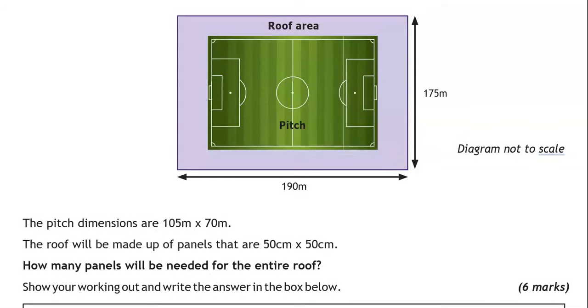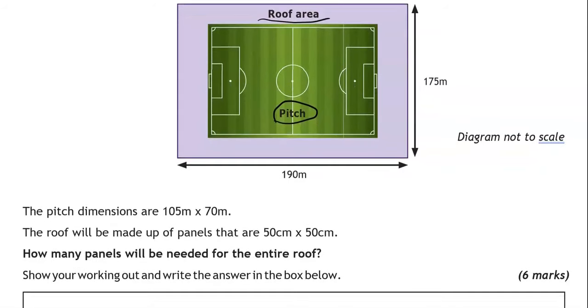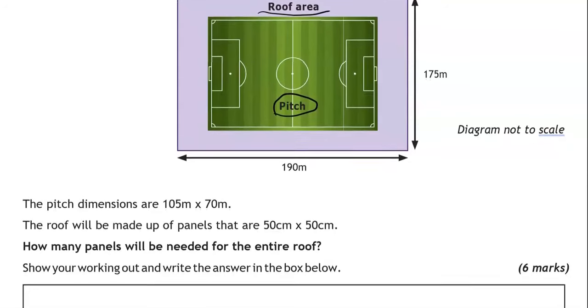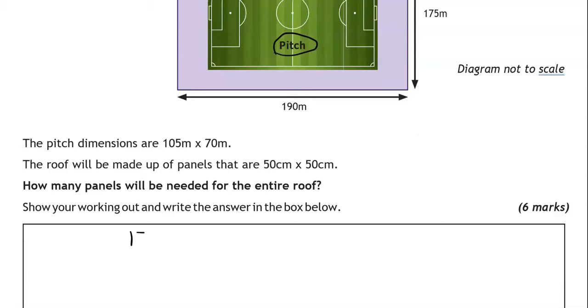In the stadium, you put the roof where we've got it in purple here, so around the pitch, not covering the whole thing. So we're going to work out the area of the whole stadium and then take away the area of the pitch so that we can work out the area where the roof is going to go. So 175 times 190, which is 33,250.